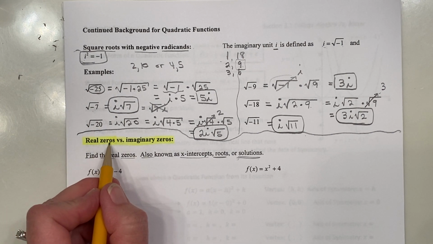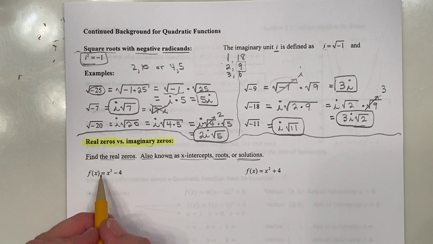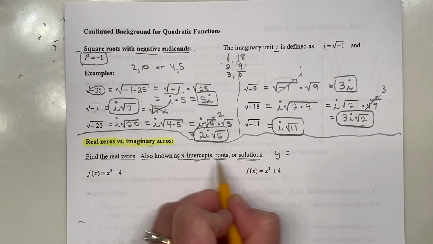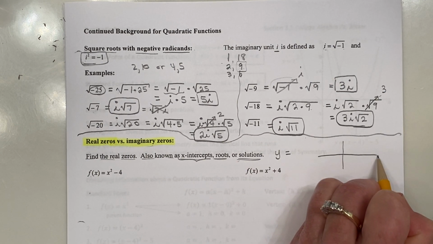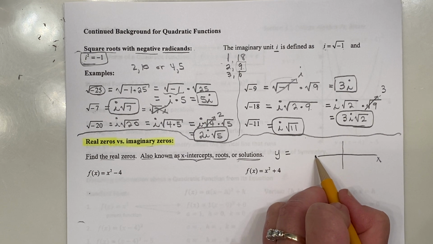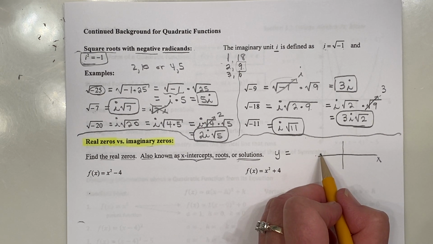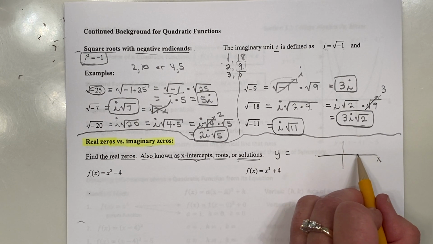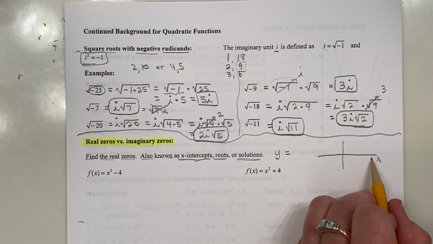All right, so how do I find the real zeros versus imaginary zeros of this quadratic function? Well, let's remind ourselves that if we're finding an x-intercept, we think about the x-axis, the real number line. Not the imaginary number line, but the real number line. All these x values on this x-axis are real numbers.